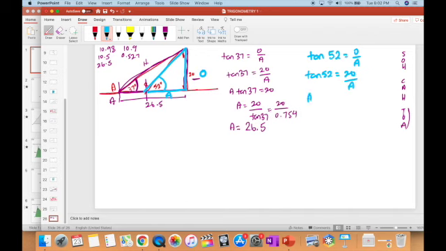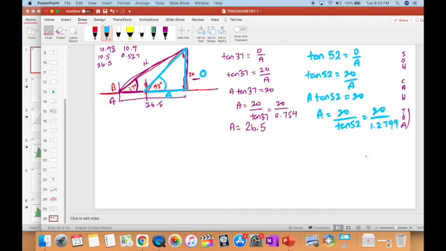So therefore the adjacent by the tan of 52 is equal to 20, and the adjacent is equal to 20 divided by the tan of 52, which is 1.2799.